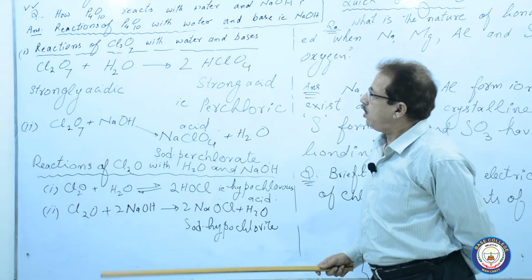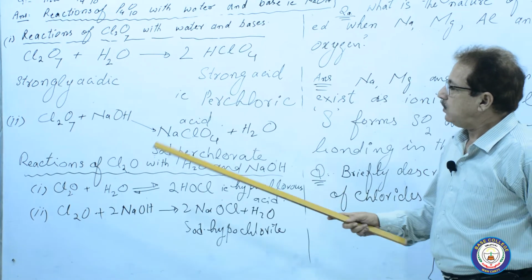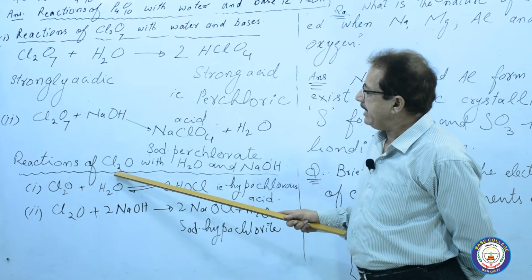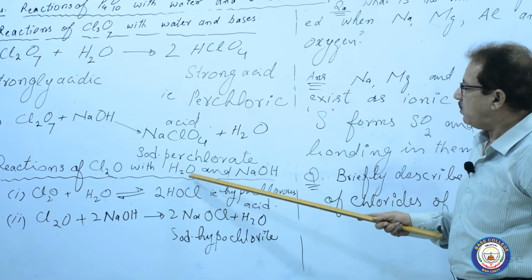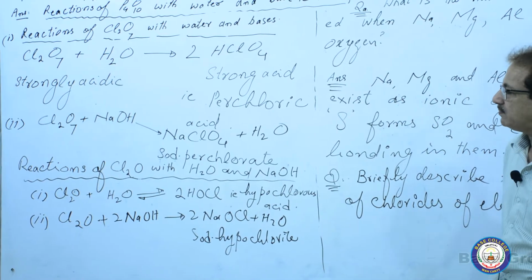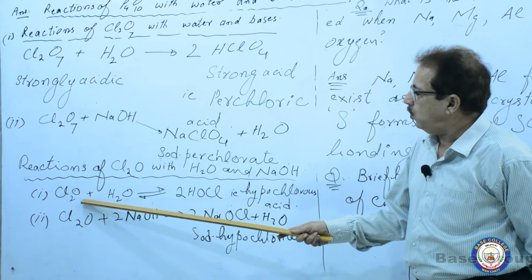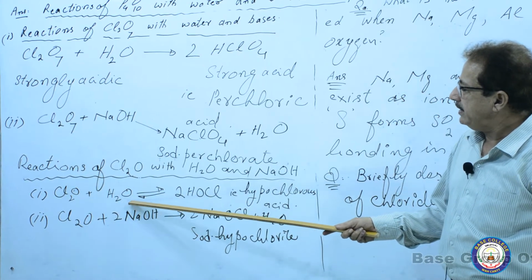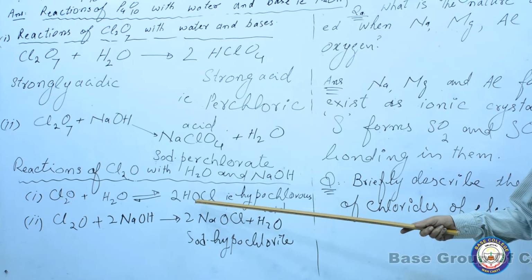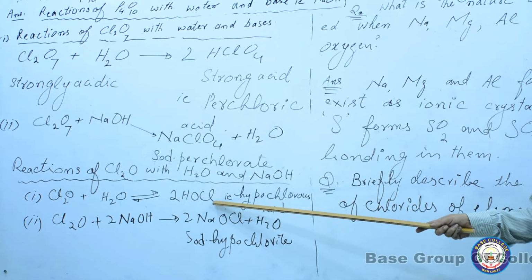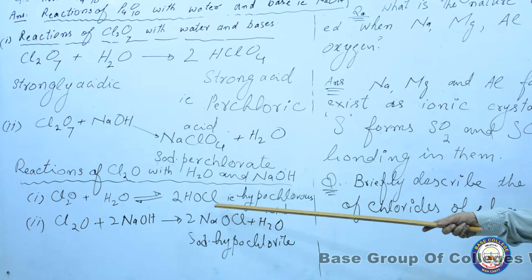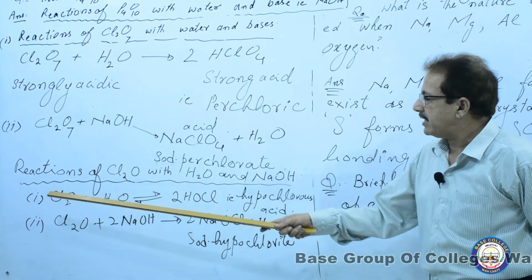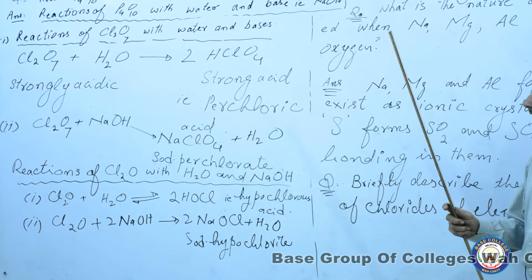Now the second oxide of chlorine is dichloromonoxide. Now its reaction with water and sodium hydroxide. Cl2O reacts with water reversibly to produce 2HOCl, because this 2HOCl is a little bit unstable and goes back again into the reactants.